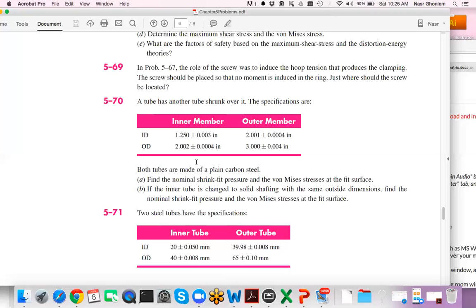And that cannot exceed the yield, or maybe not only the yield, but the yield divided by a safety factor for most designs. So it's a limitation that we would have before we even start rotation of that system. We have this limitation to guarantee that we don't exceed the yield even in this worst case.